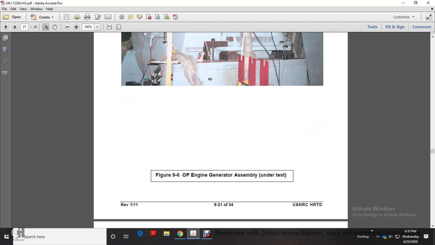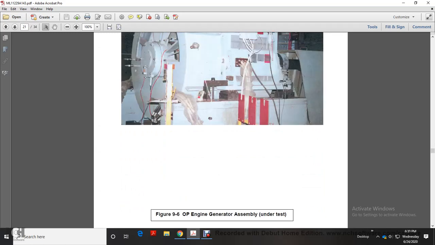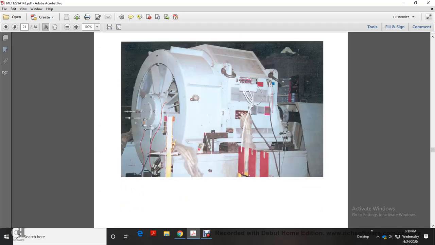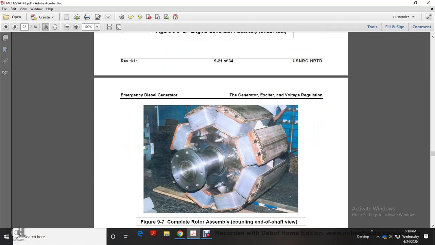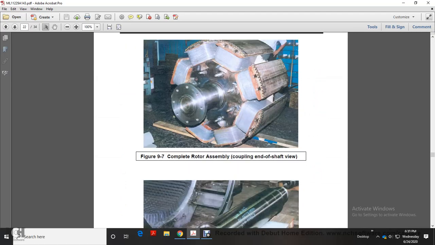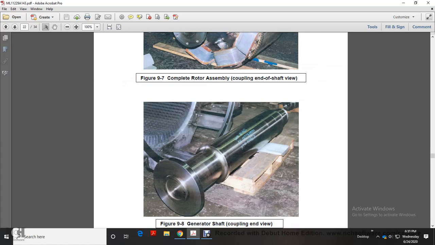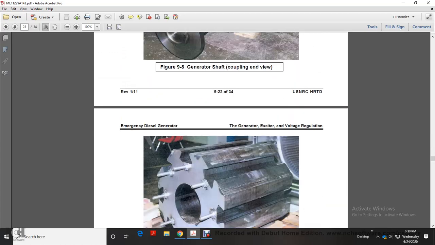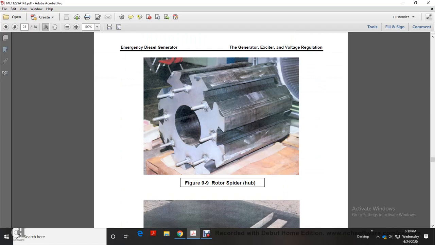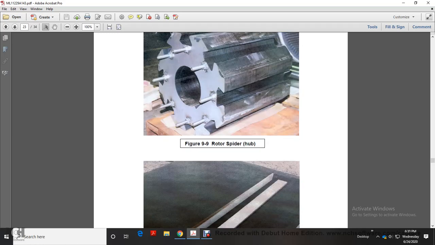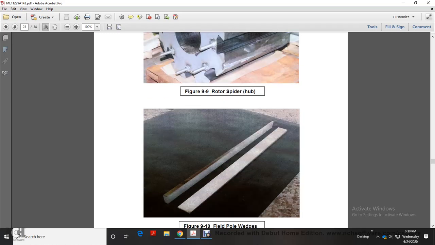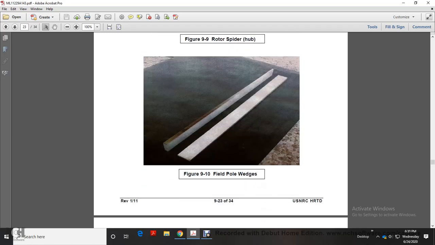This is a picture of an OP engine generator assembly under test. Figure 9.7 shows a complete rotor assembly, coupling and shaft view. Figure 9.8 shows the generator shaft coupling in view. Figure 9.9 shows the rotor spider hub. Figure 9.10 shows the field pole wedges.